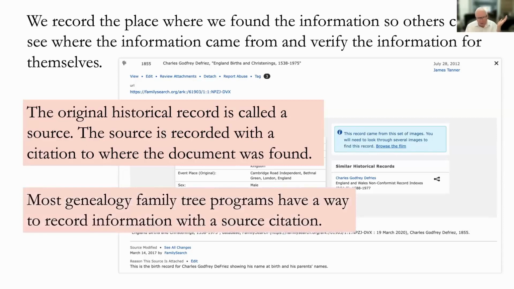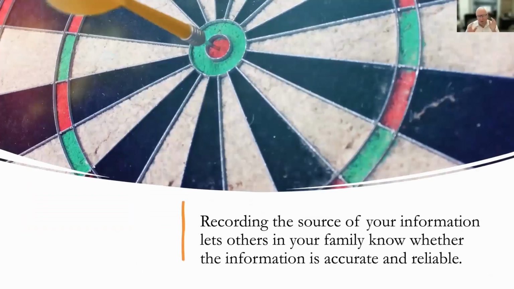So most of the family tree programs have a standard way of recording information with a source citation. You record the source of your information, and when you do this, it lets others in the family know whether the information is accurate and reliable.